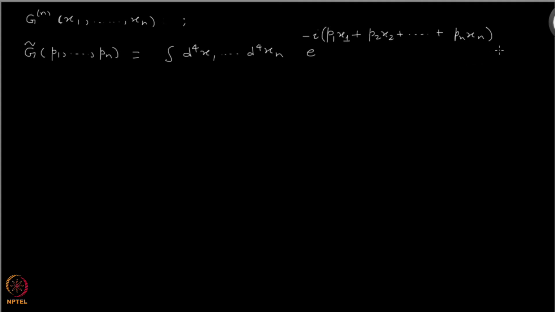And then of course, we should have here g. That is the Fourier transform, and we will see later that g tilde is an object of interest, and that is why I write down the Feynman rules for this.